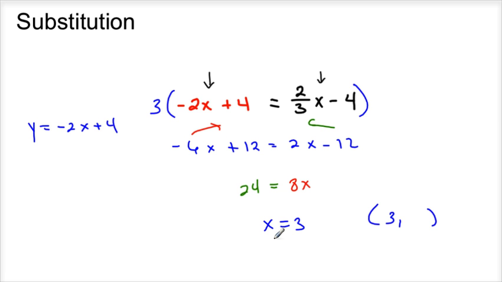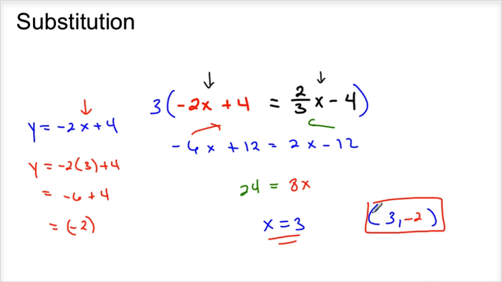Since I have the x coordinate, I'm going to substitute in for x. So this is going to be y equals negative 2 times 3 plus 4. If you solve this, you get negative 6 plus 4, which is equal to negative 2. So the point of intersection here is 3, negative 2.